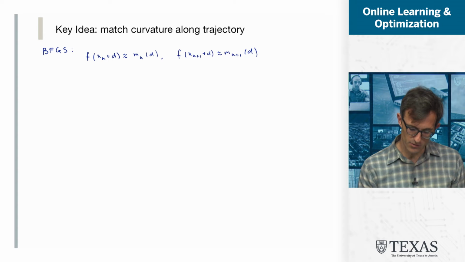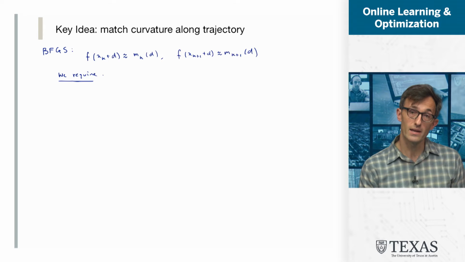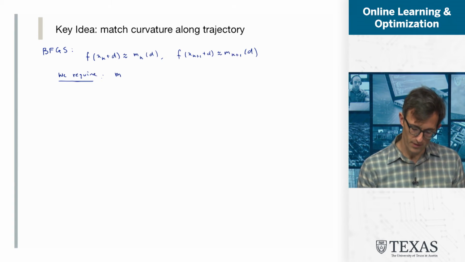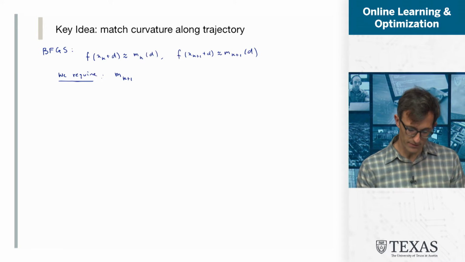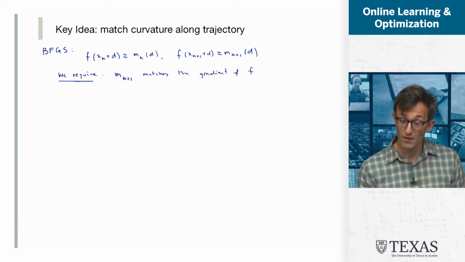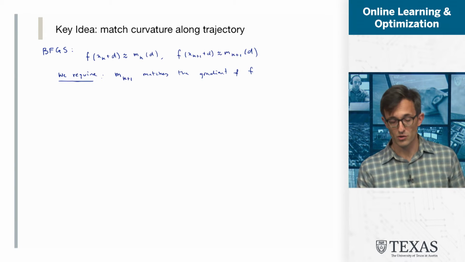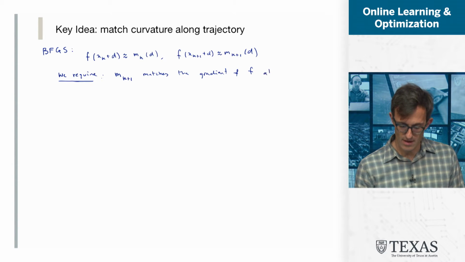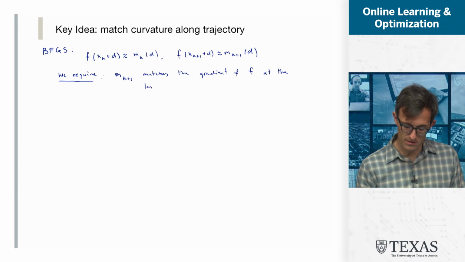So we're going to try to design Bk+1 so that mk+1 matches the gradient of f, not everywhere, because then the only choice would be to have it be exactly the Hessian, but at the last 2 iterations.